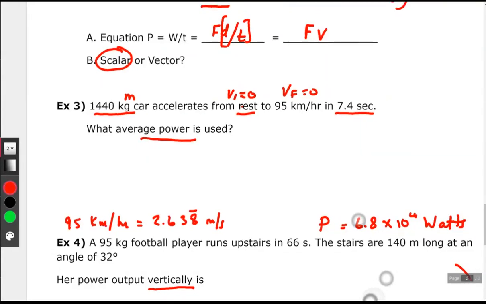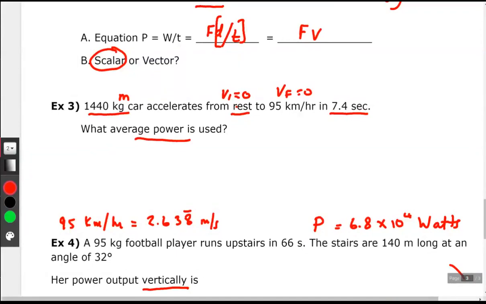So if I want to find the work that was done by the car, getting back to what we've been doing recently, the work is equal to the change in kinetic energy, because when work is done on or by a system, the system's energy changes. This car changed kinetic energy, so the work it did is equal to the change in kinetic energy.